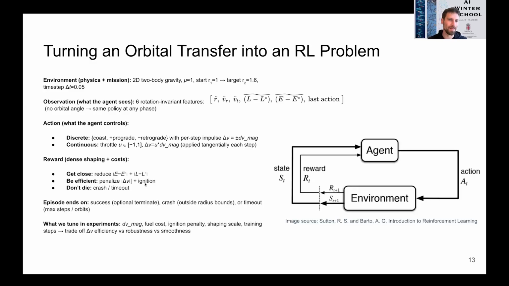So I added a penalty on ignition, and then there's also some penalties on crashing or timeout. If you remember that figure we had a few slides ago where there's a blue trajectory, which was the ideal, and some red failed trajectories where it crashes either into the central mass or spirals out and blows up the orbit, those would result in either crashes or timeouts.